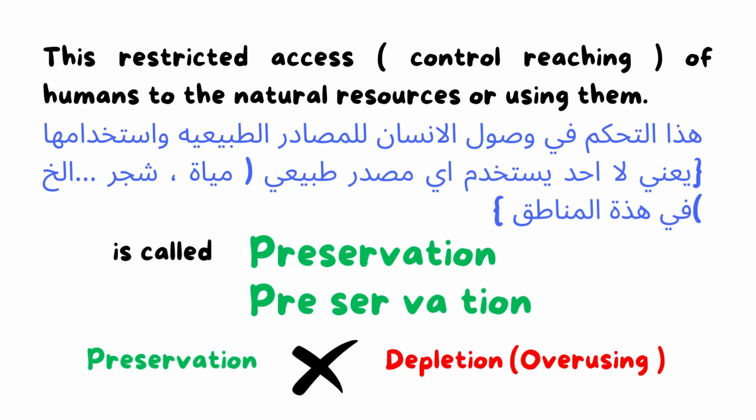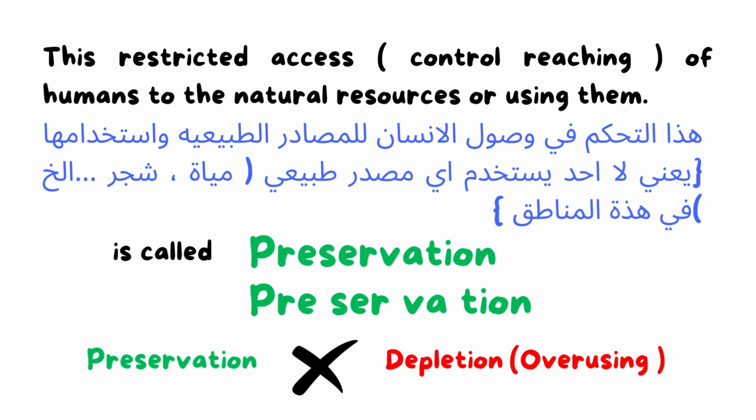Preservation. Okay, so this is the first way to conserve the natural resources, is to control reaching of humans to the natural resources or using them, as Ras Muhammad Protectorate and Wadi al-Hitan Protectorate.